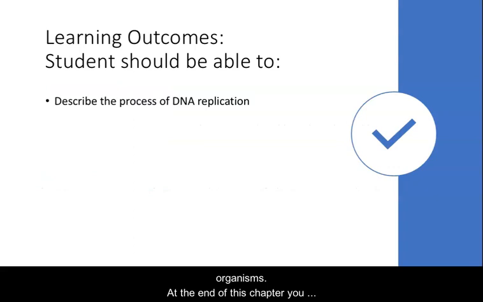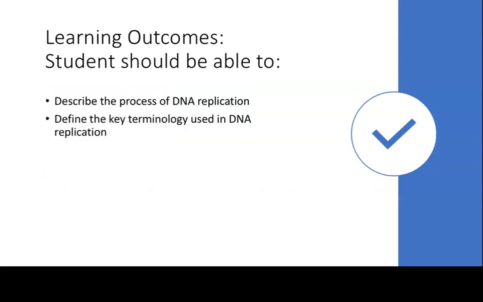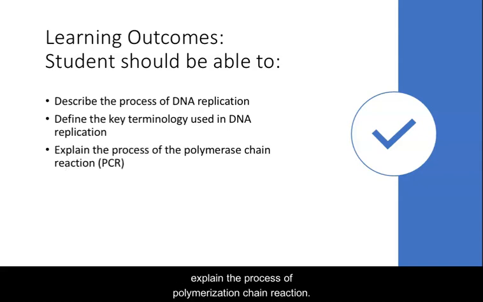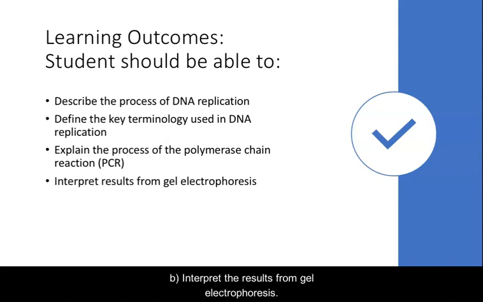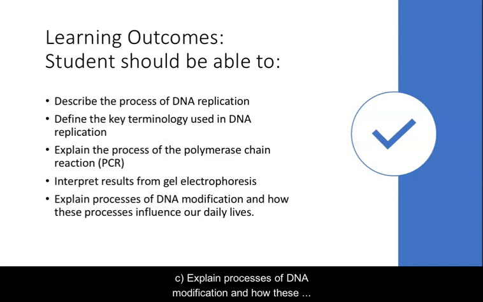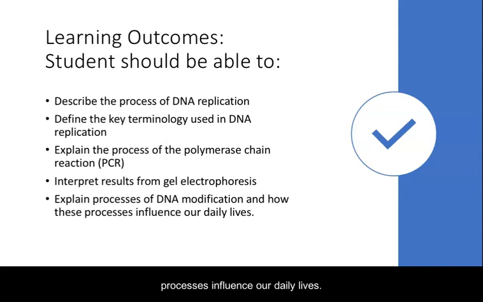So at the end of this chapter, you should be able to describe the process of DNA replication, define the key terminology used in DNA replication, explain the process of polymerase chain reaction, interpret the results from gel electrophoresis, and explain processes of DNA modification and how these processes influence our daily lives.